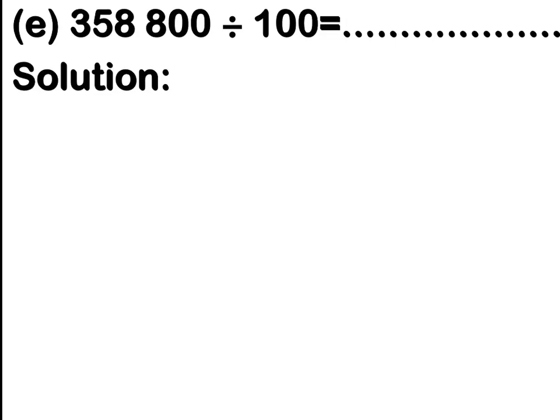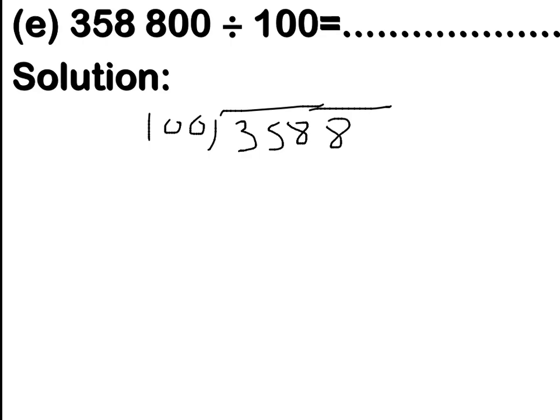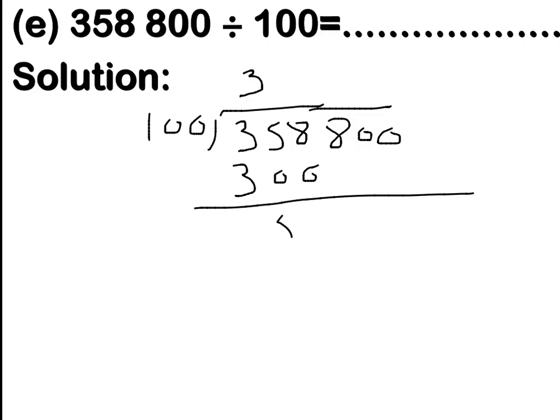The next question. 358,800 divided by 100. Now we will divide by 100. 100 1s are 100. 100 2s are 200. 100 3s are 300. Now we will subtract. 5 minus 0 is equal to 5. 8 minus 0 is equal to 8. Next digit is 8. 100 5s are 500.